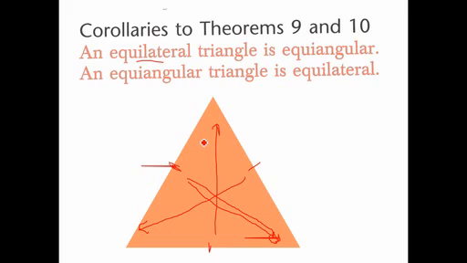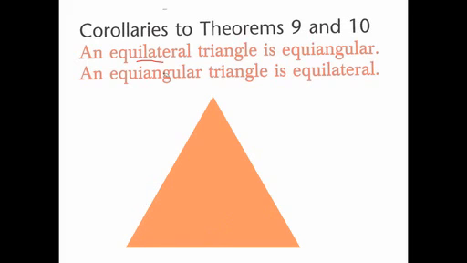Hopefully you can see why it's a corollary. If it's equilateral, all the opposite angles are equal, so it's equiangular. And you can follow that same idea across: if it's equiangular, if the two angles are equal, the sides opposite are equal.